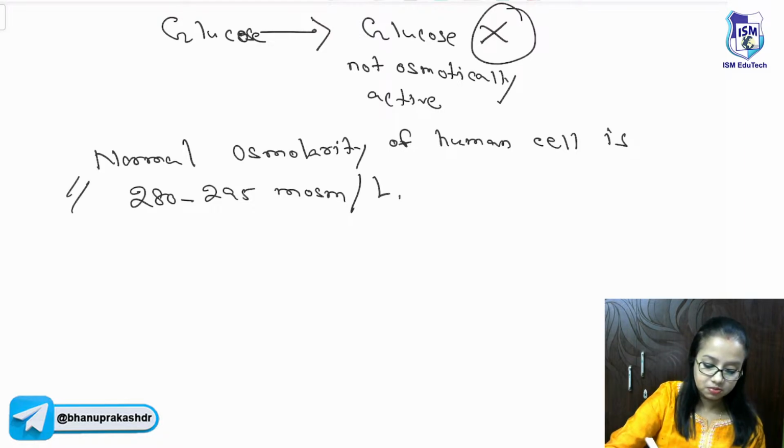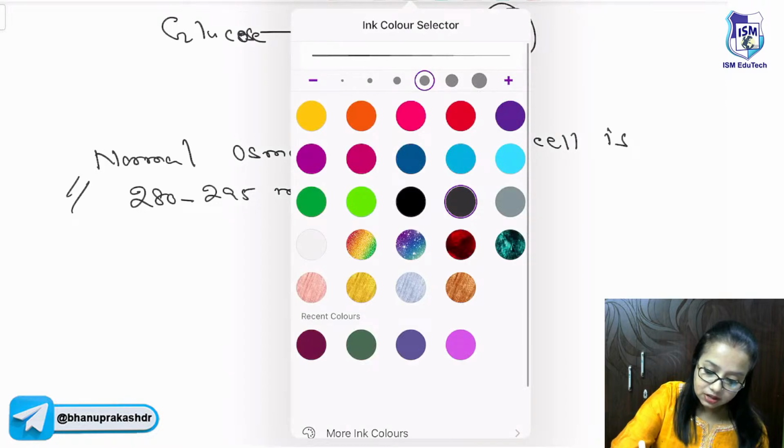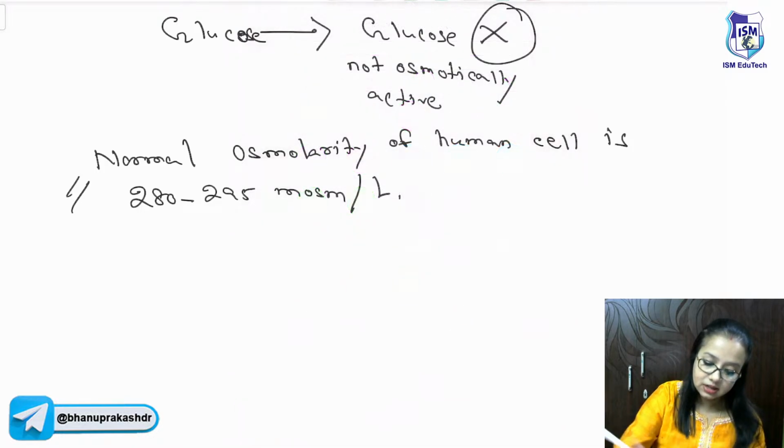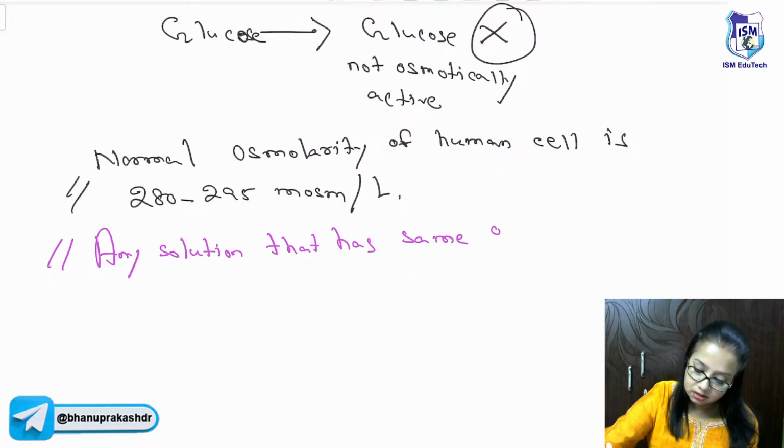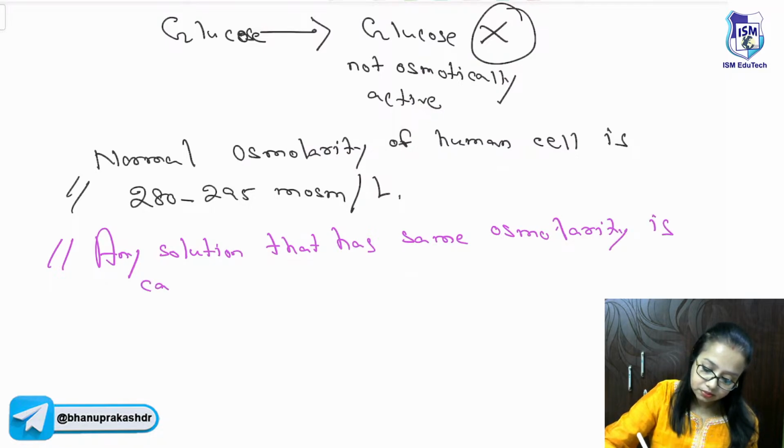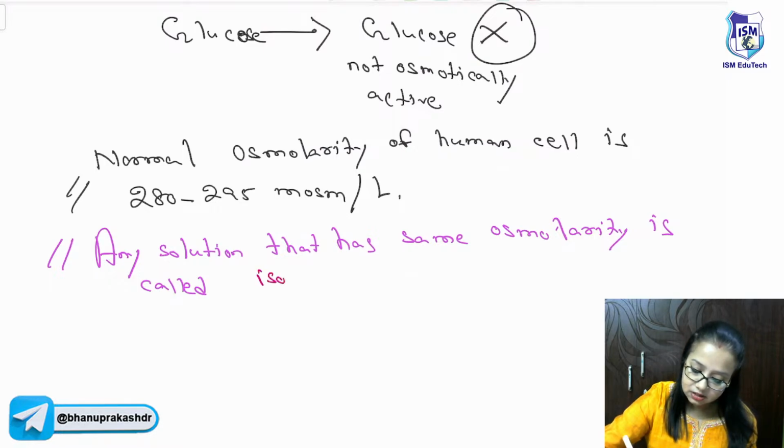That is the normal value. Now, any solution that has the same osmolarity is called isotonic.